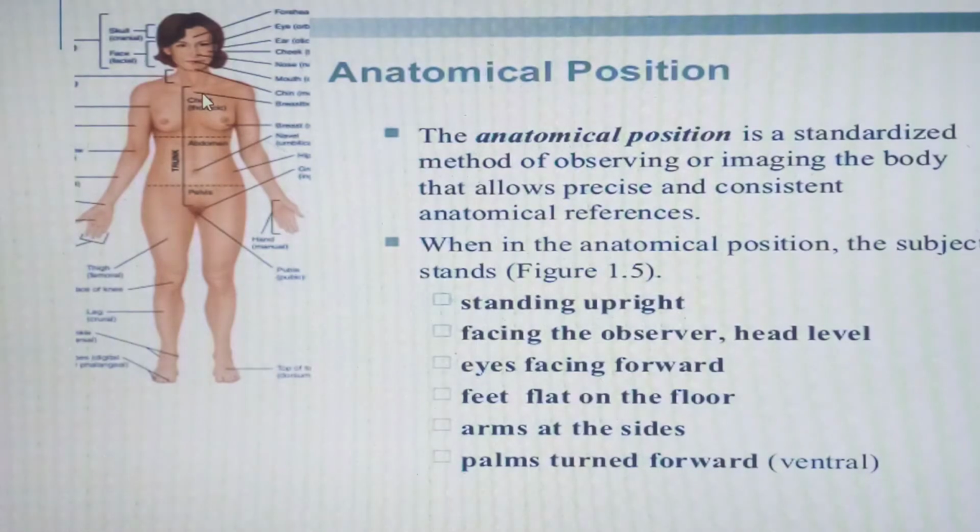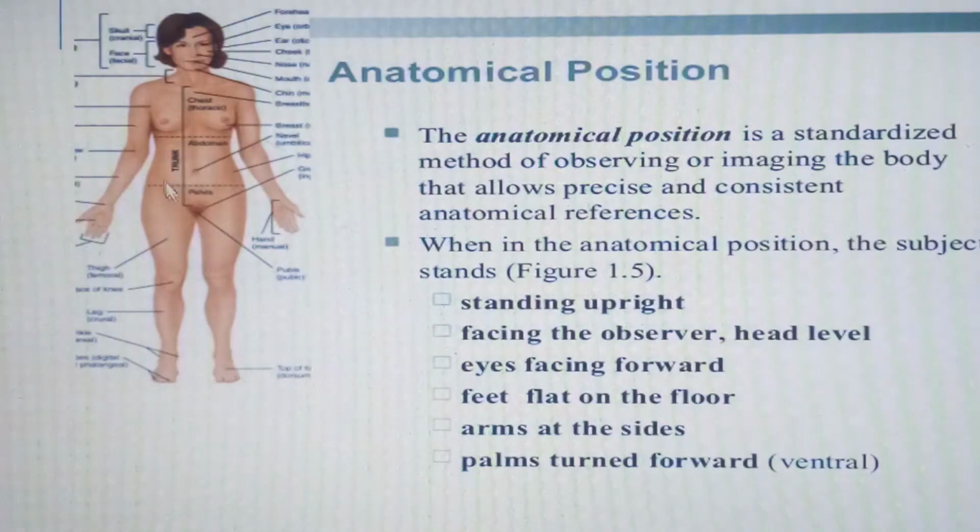In this anatomical position, you can see that the subject stands erect, upright, and faces the observer. Assuming I'm the one looking at it, I'm the observer. You face the observer with the head level, eyes facing forward. You don't have to bend your head.